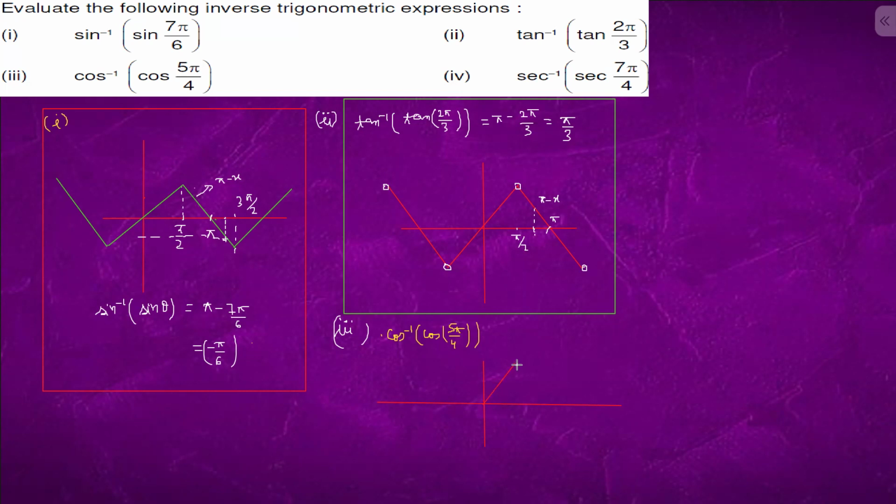For cos inverse cos theta, from 0 to pi by 2, it is correct, and then we have more than pi by 2. We have to check the cos inverse graph.